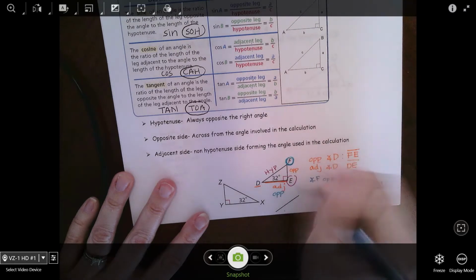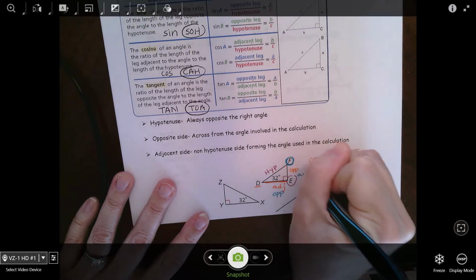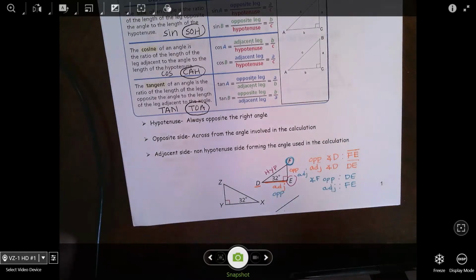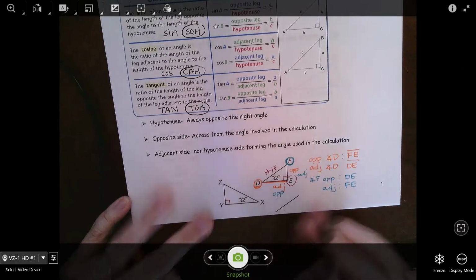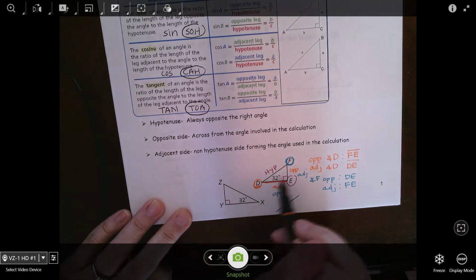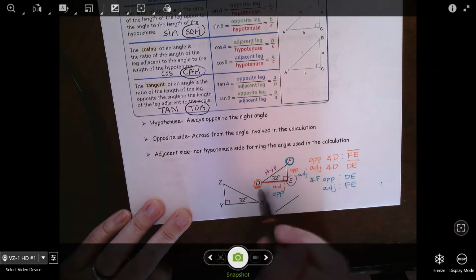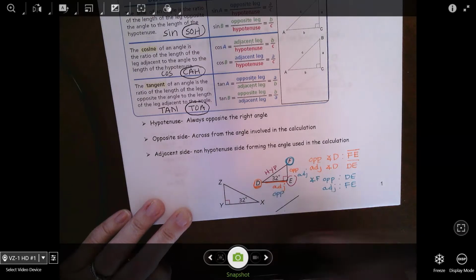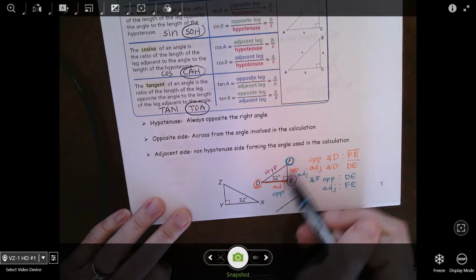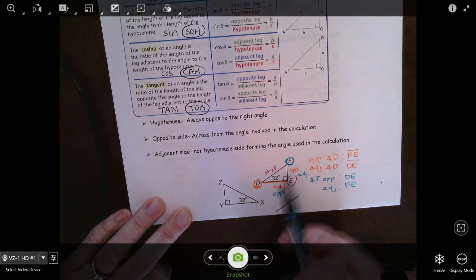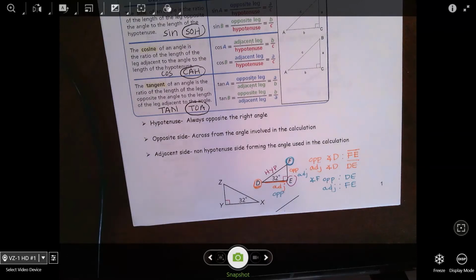Okay, so I'm going to circle these a little bit more. The ones in blue are for angle F, and the ones in orange are for angle D. So across from angle D, opposite is FE. Adjacent is DE. For angle F, across from that is DE, and adjacent to that is FE.